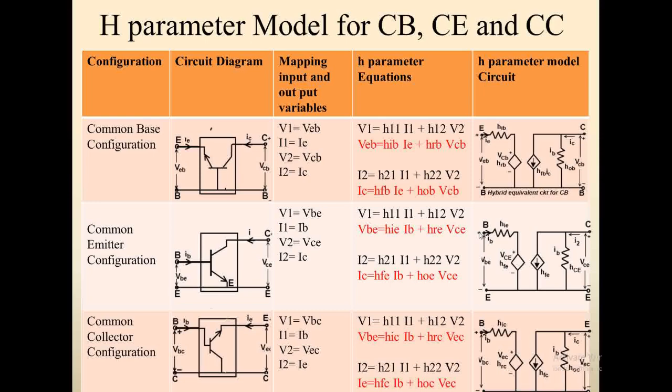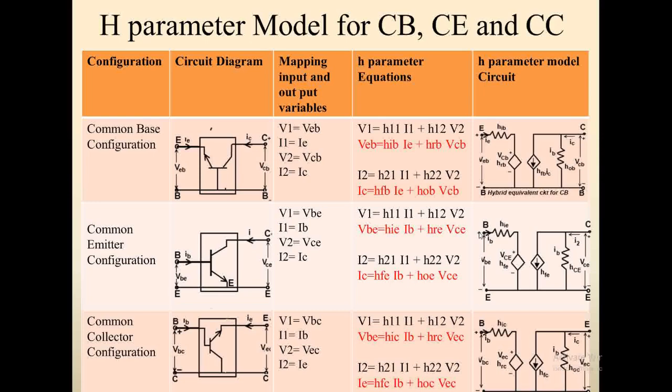Based on this notation, we map the input, output variables as V1 is VEB, I1 is IE, V2 is VCB, I2 is IC, and the corresponding H parameter equations are VEB equals HIB times IE plus HRB times VCB, IC equals HFB times IE plus HOB times VCB.